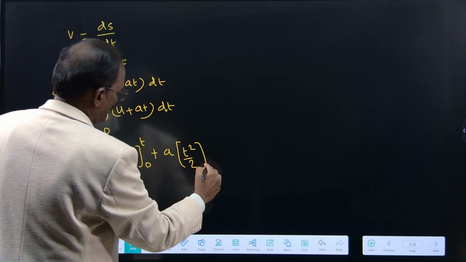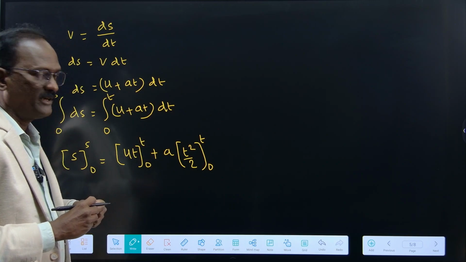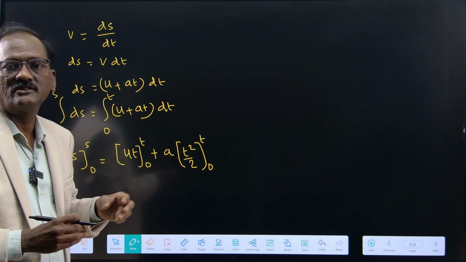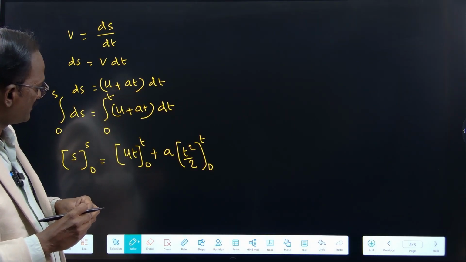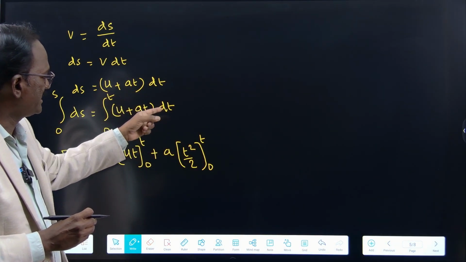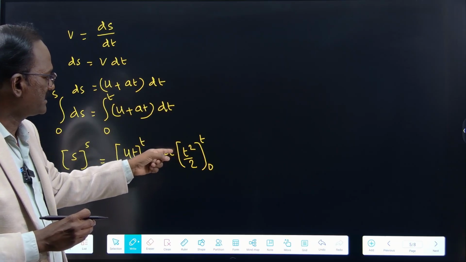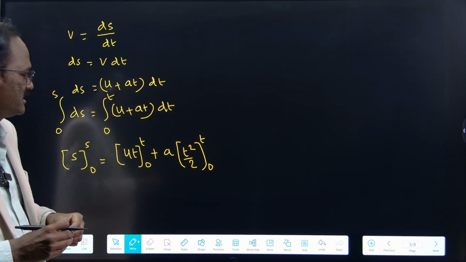So t square by 2, 0 to t. For basic differentiation and integration also we have made a separate video. If you are interested, you can watch that video also, to learn how the integral of at dt comes as a into t square by 2.